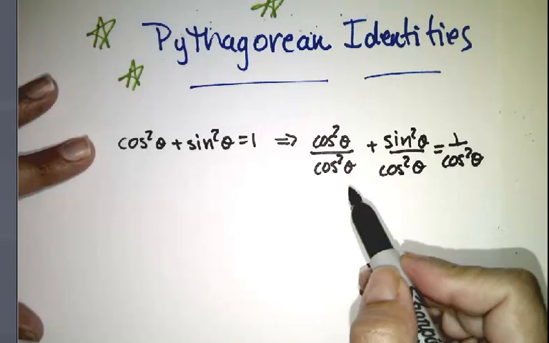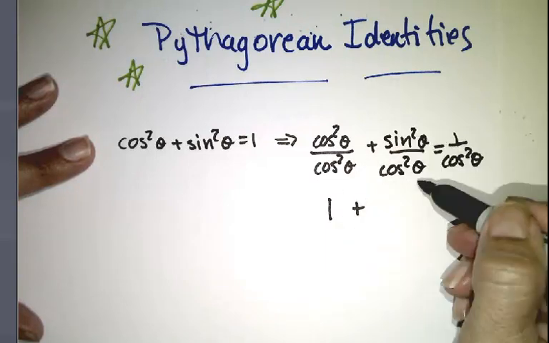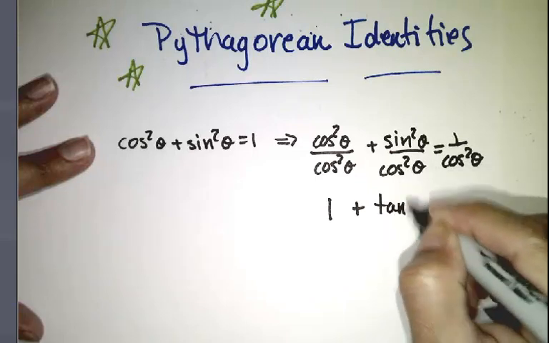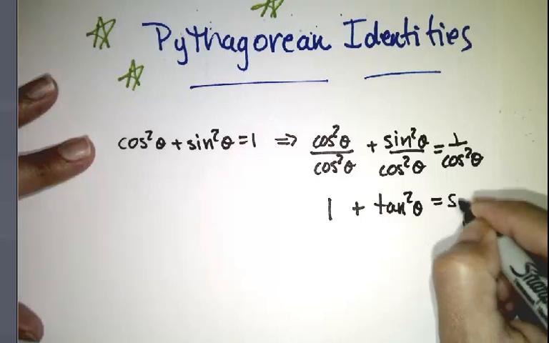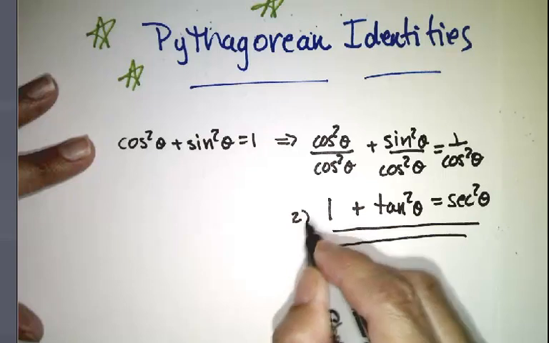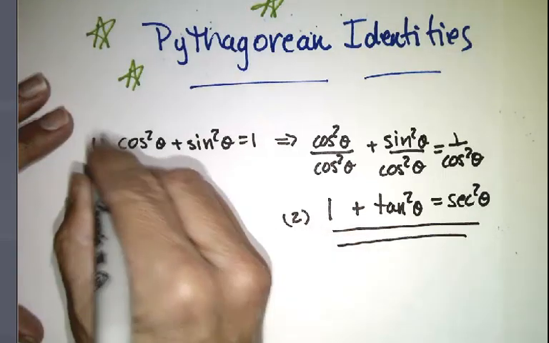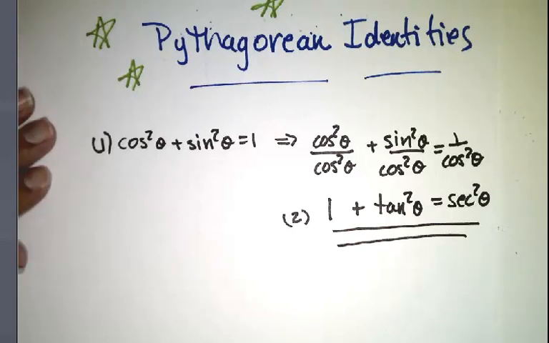Well, cosine squared over cosine squared becomes 1, plus sine squared over cosine squared is the tangent squared of theta, and 1 over cosine squared is equal to secant squared theta. So this one is number 2. If we consider this one number 1, this one's number 2.